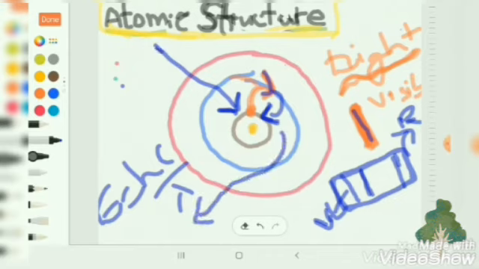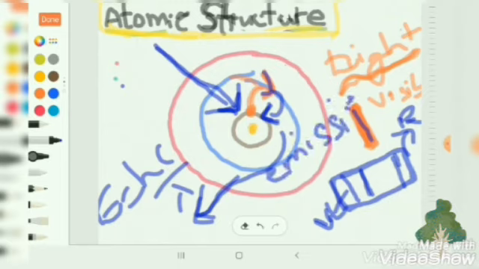Just now I told you that this energy is in the form of an absorption spectrum, and this energy is in the form of an emission spectrum. So we can see light here. The VIBGYOR colors are seen here in this emission spectrum. So this is the concept of spectrum. In this way, spectrum came into existence.